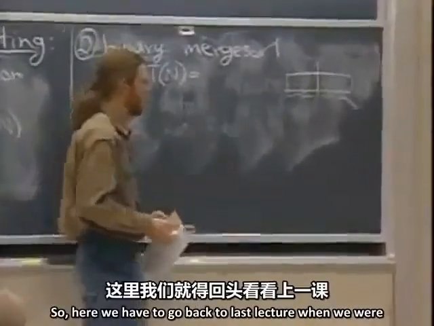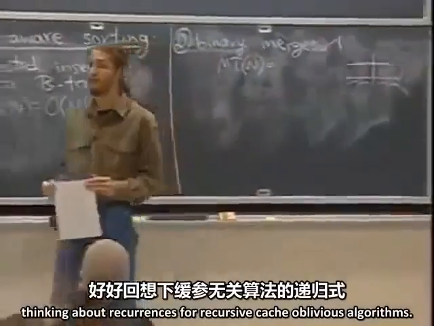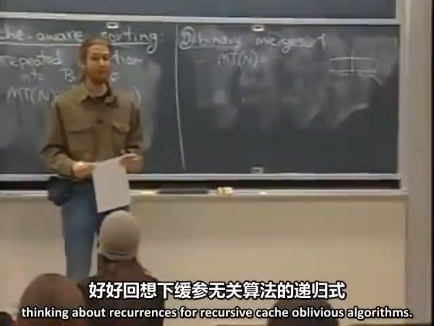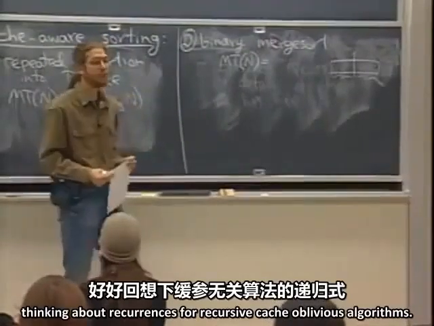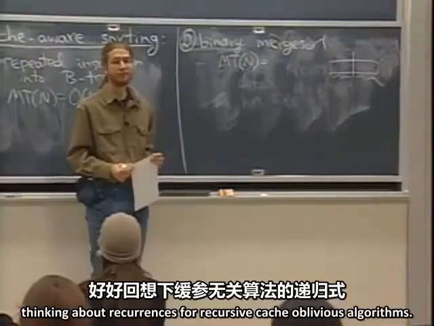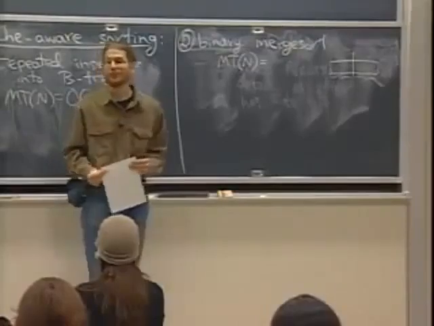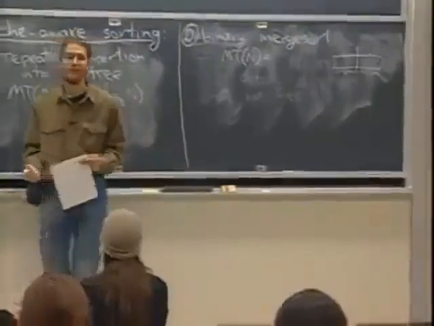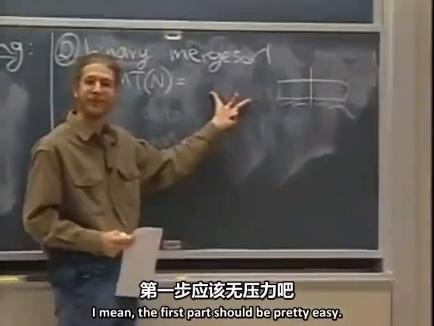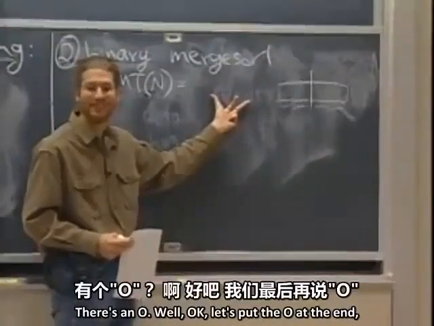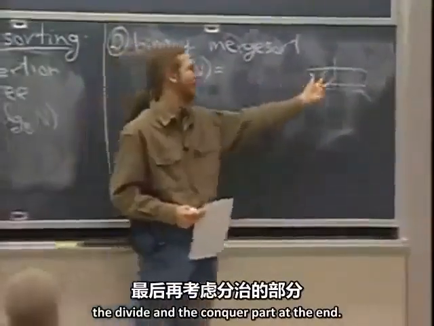So here we have to go back to last lecture when we were thinking about recurrences for recursive cache oblivious algorithms. The first part should be pretty easy. Let's put the O at the end, the divide and the conquer part at the end.